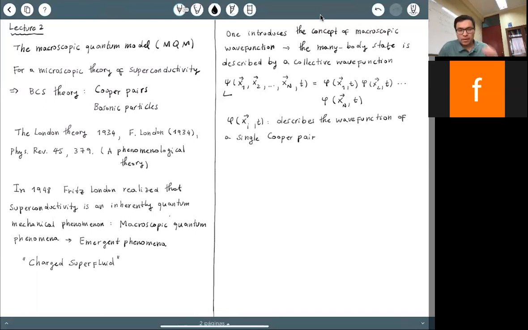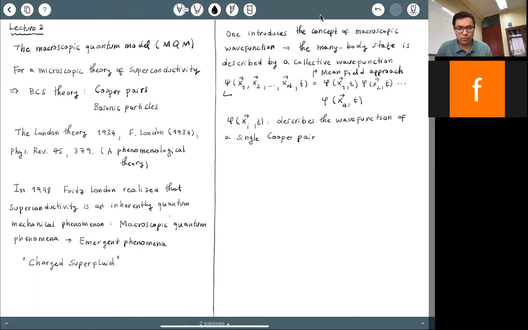So meaning that in condensed matter physics, this approach is like a mean field approach. So we have a separable state essentially.